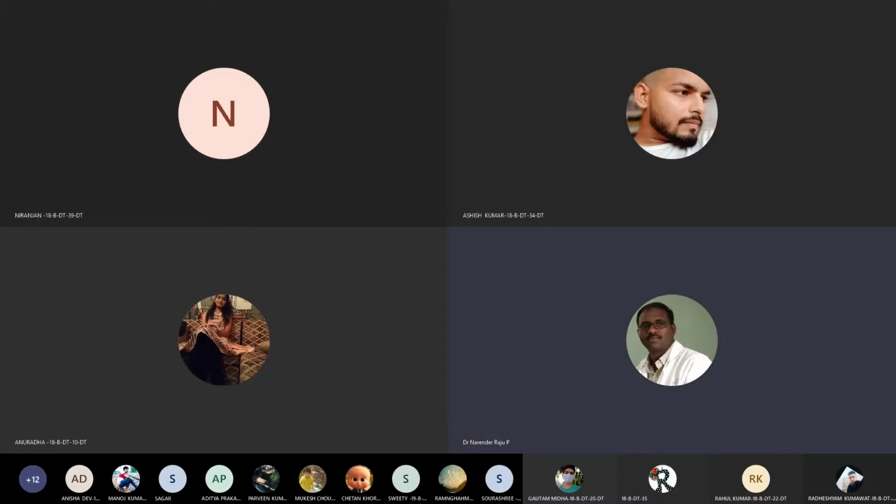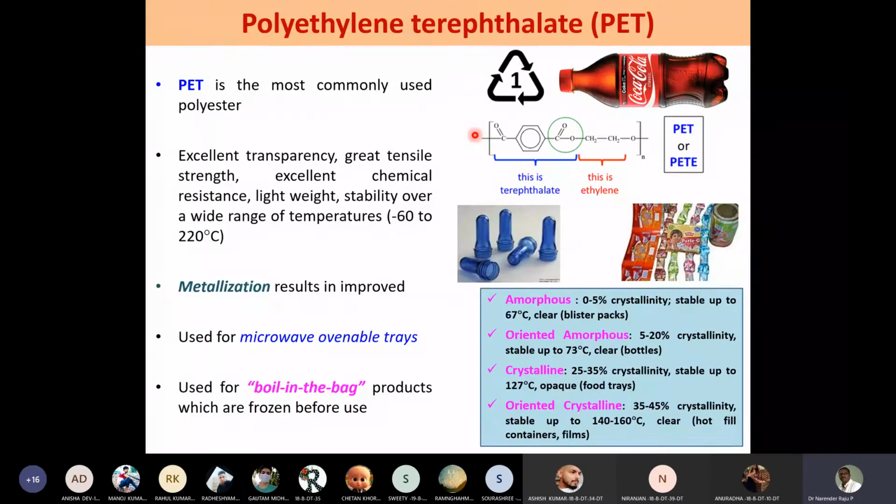Now, depending on the degree of crystallinity, this material is classified into at least 4 types. Any flexible material or polymeric material has both crystalline areas as well as amorphous areas in its structure.